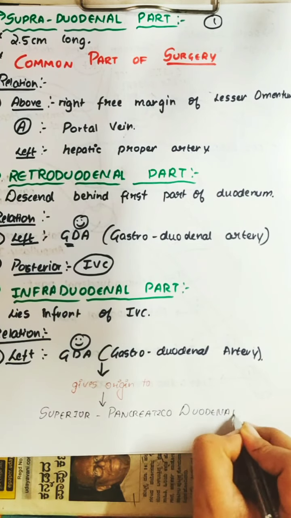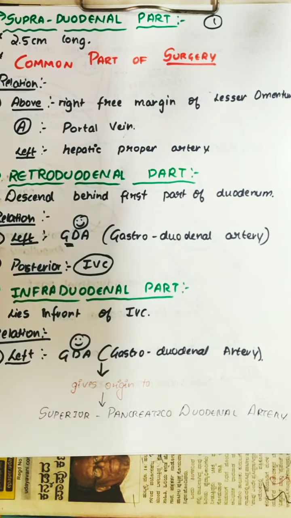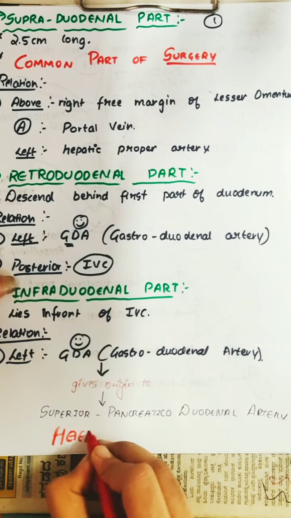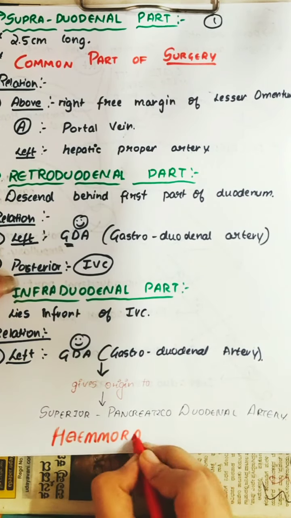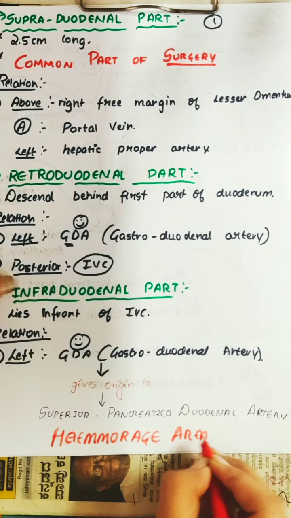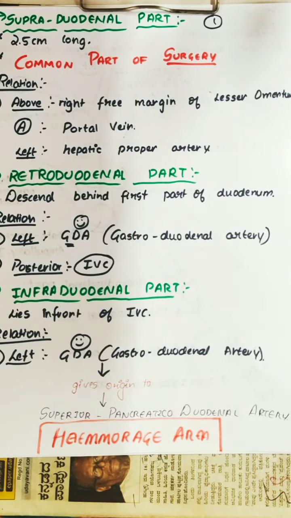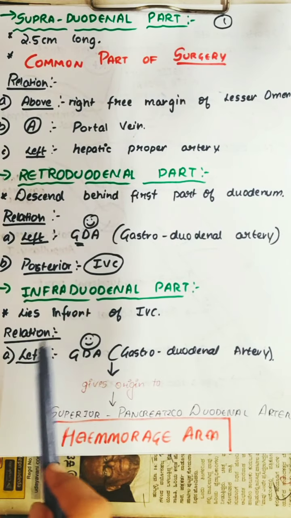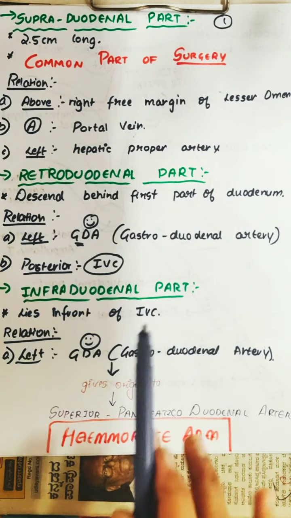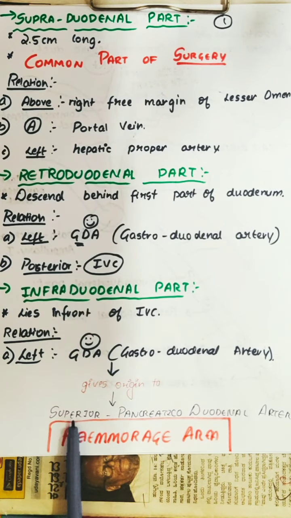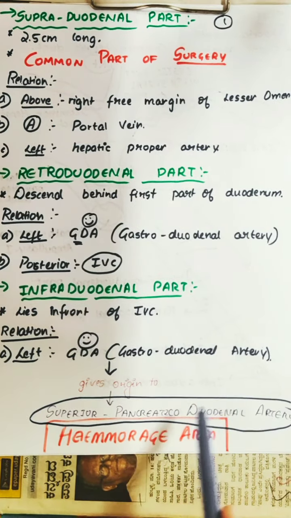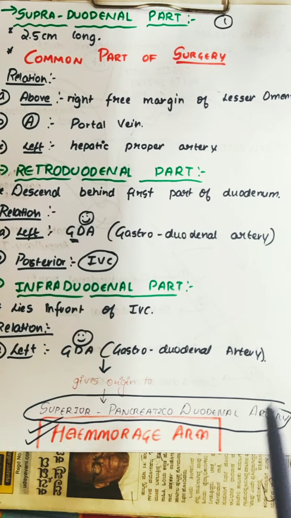This artery is the main area for hemorrhage of the gallbladder. So the infraduodenal part lies in front of the inferior vena cava. Relations: left side there is GDA. Remember this much, it's enough. It gives origin to the superior pancreatico-duodenal artery, the main site for hemorrhage.